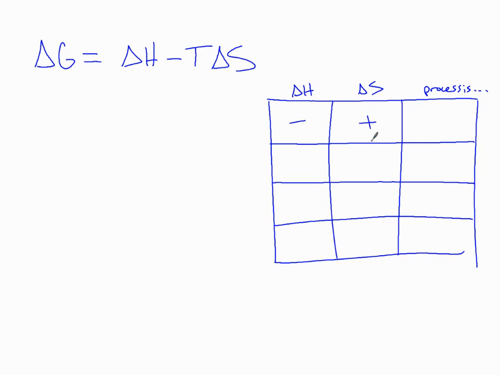So first situation, when your delta H is negative and your delta S is positive, we're going to say thermodynamically favorable. I wish there was a shorter way to say this.